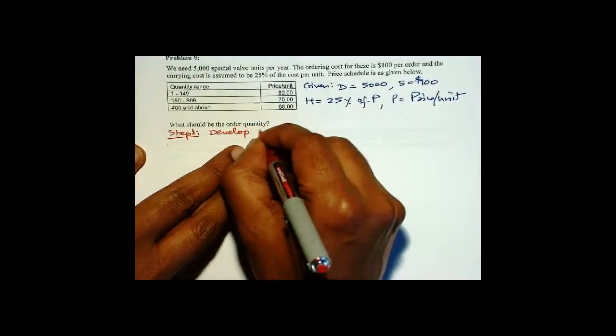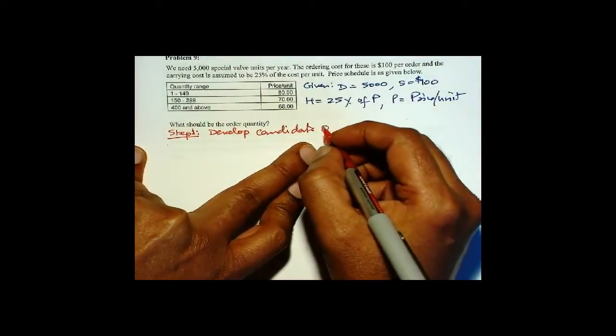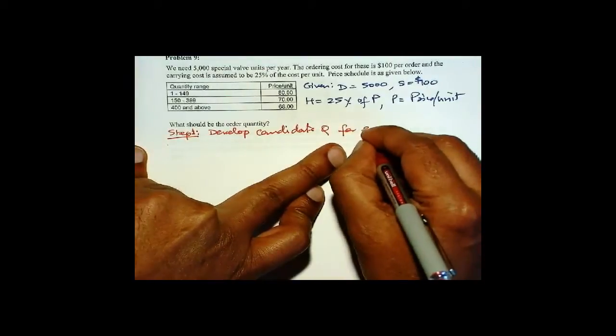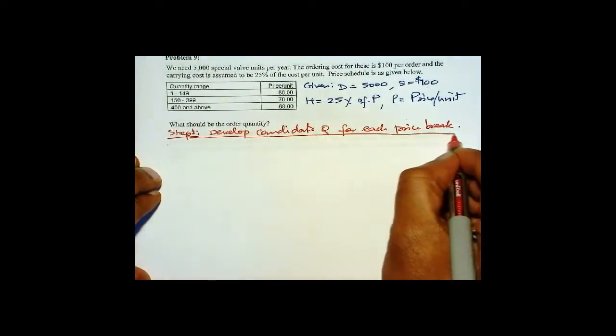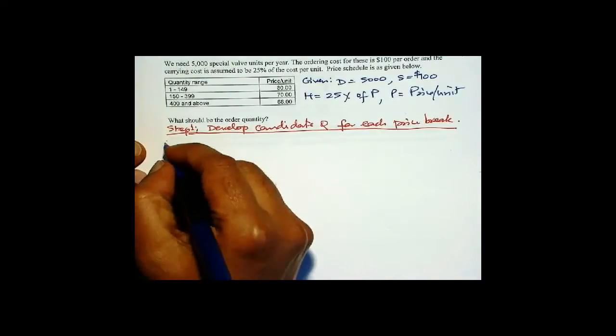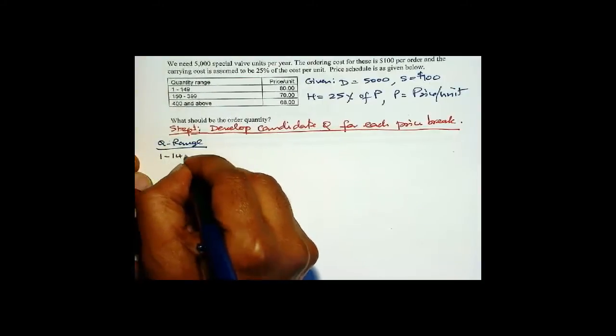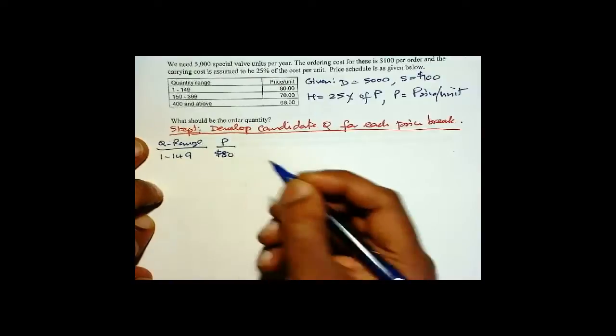Develop candidate Q for each price break. So that's our step 1. So we have the Q range. So the first one is 1 to 149. The price for that range is $80 a unit.